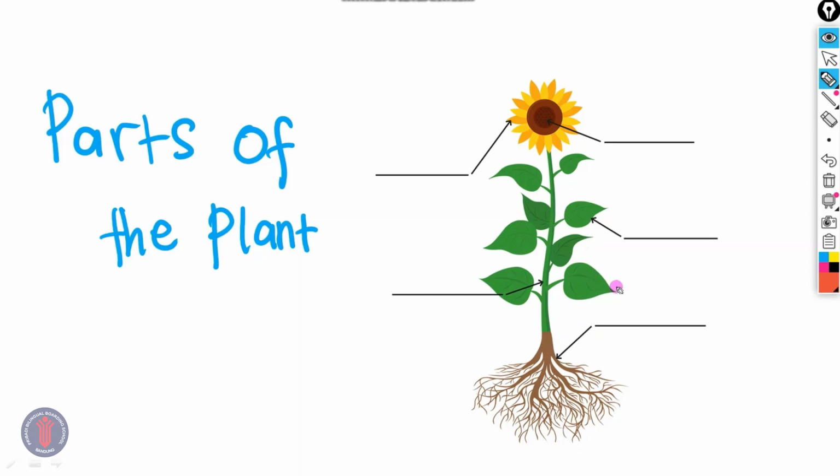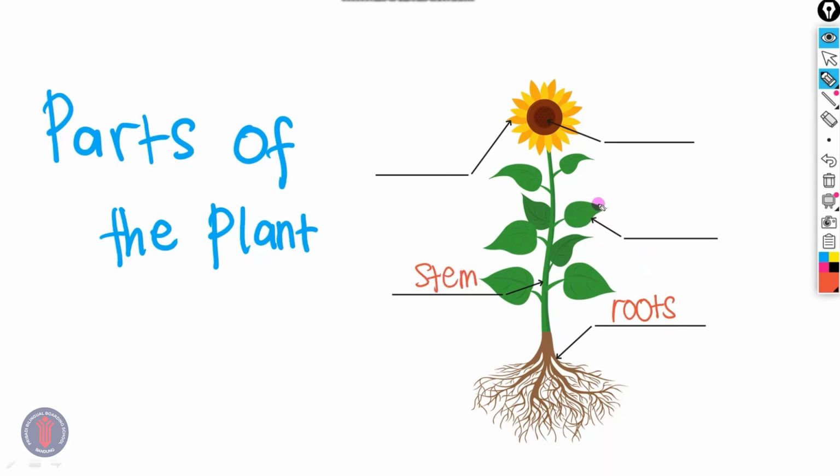So here at the bottom we have the root. And then what's the function of the root? It is to absorb the water from the soil and transport it. Later it will be transported to the other parts of the plant by, what is it? Yes, by the stem. Well done.